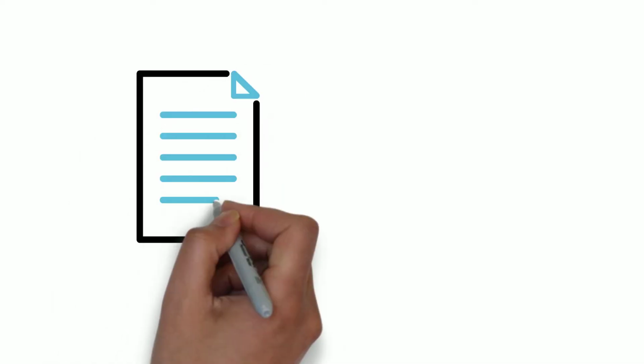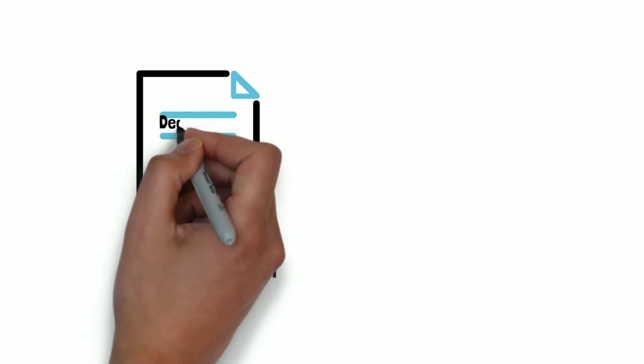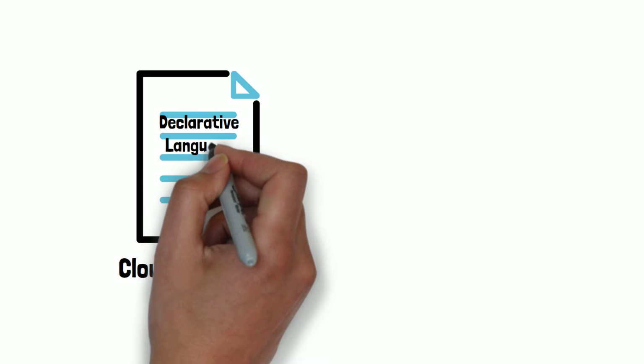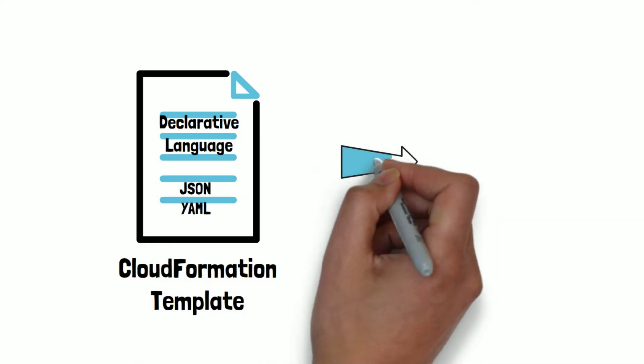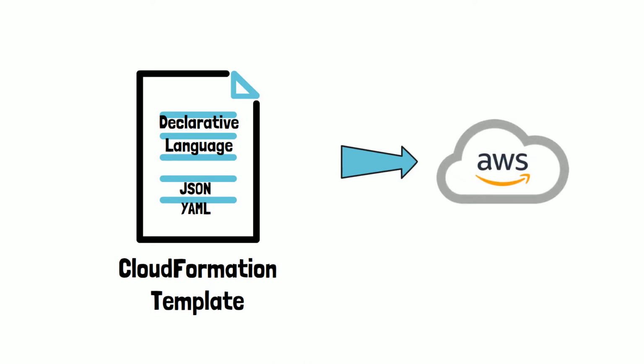In our previous What is CloudFormation video, we saw how CloudFormation templates can be built using declarative language and help us provision AWS resources repeatedly and predictably.